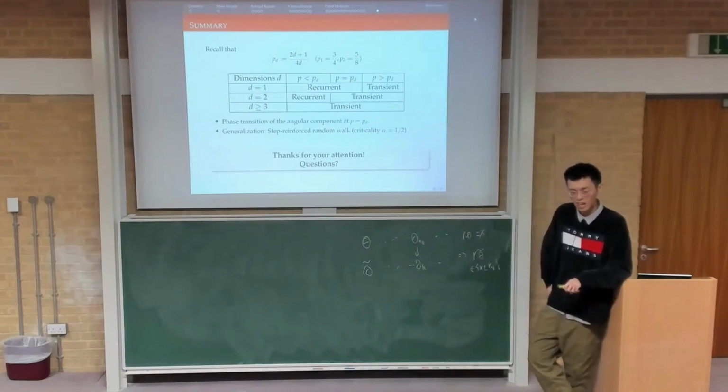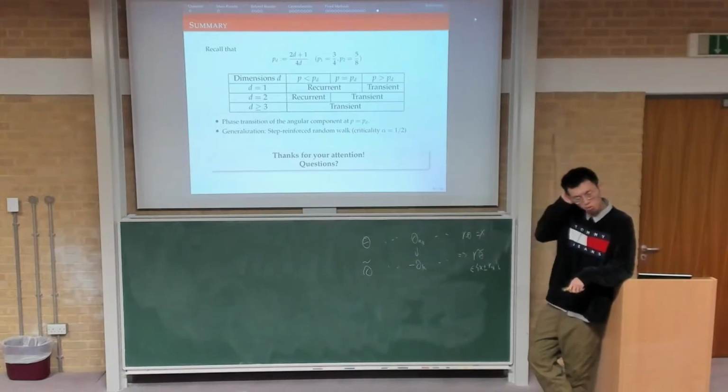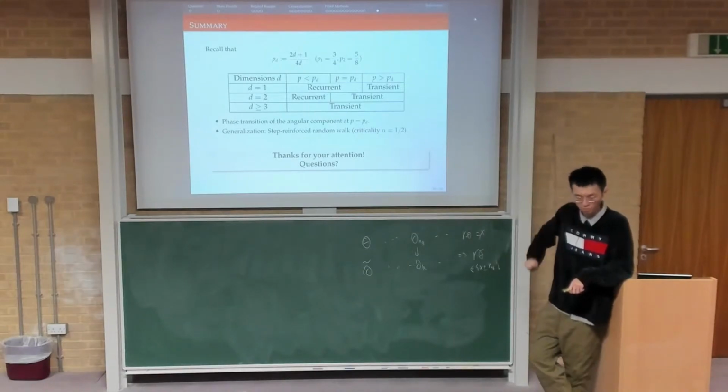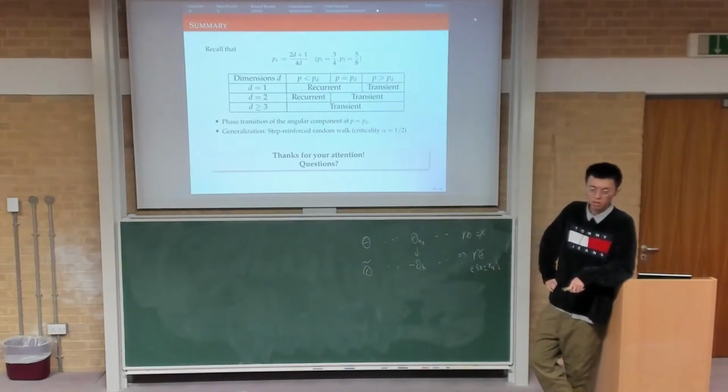In higher dimension, for dimension 3, because they are all transient, there's no need to talk about recurrence. In dimension 2, we only need to consider the case when p is less than 5/8. Up to now there is no result on that, but I guess it should be non-recurrent.